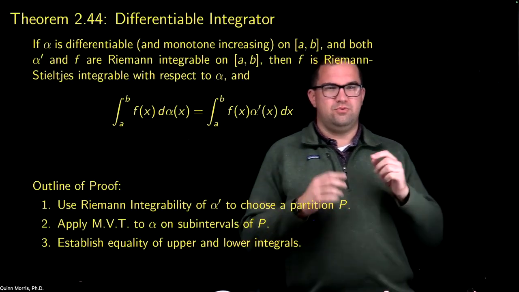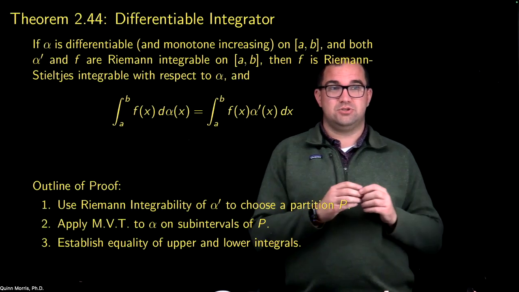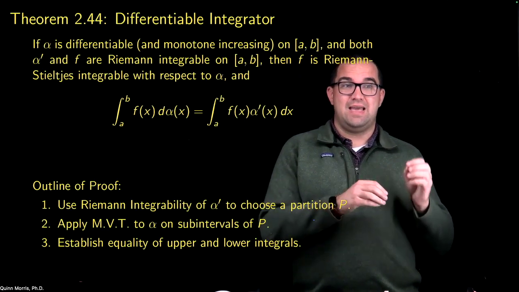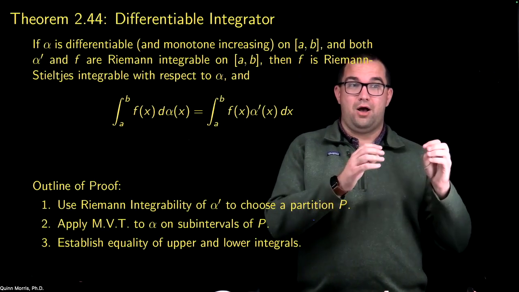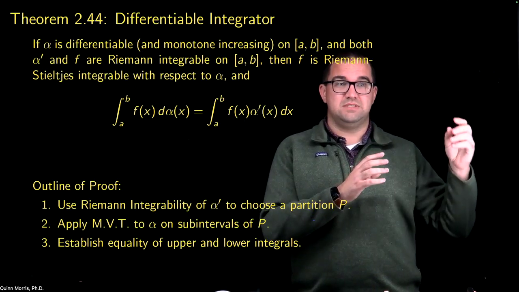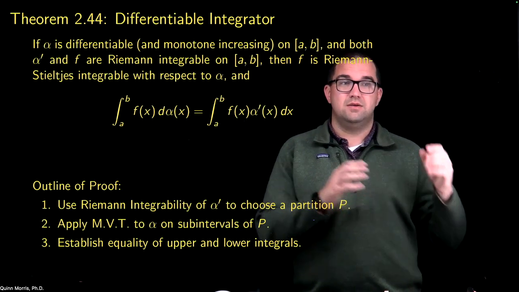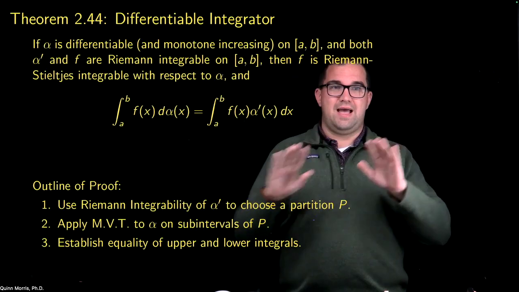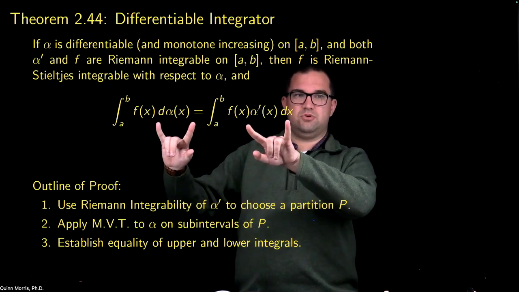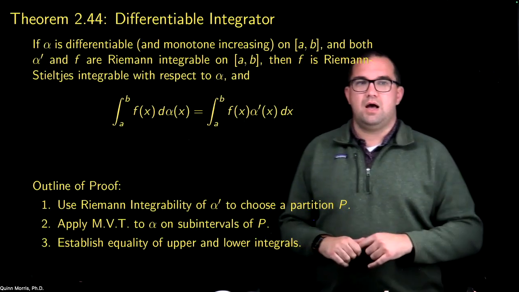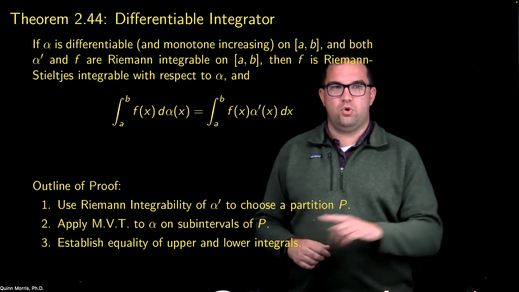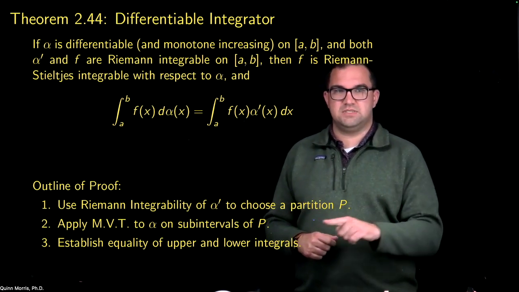Now, we're going to do that in the delta terms. So we're actually going to show that delta alpha k is equal to alpha prime of some value times delta x sub k. So we're going to work in that context, but really what we're doing there is showing this equivalence.